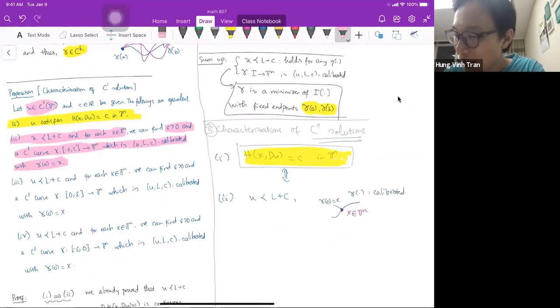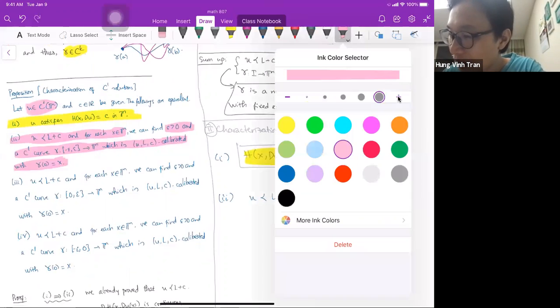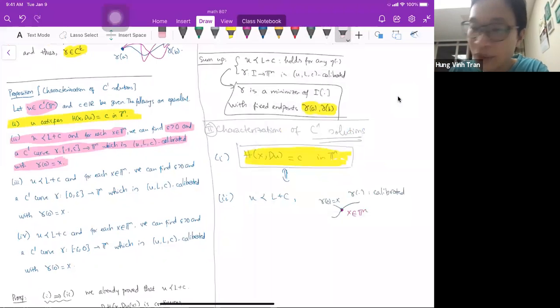All right. And then the third one and the fourth one are actually weaker than the second one. They are only saying that U is dominated by L plus C, and you can find a curve starting from 0, either going from 0 to epsilon with gamma of 0 equals X, or from minus epsilon to 0 with gamma of 0 equals X. So they are weaker, right?